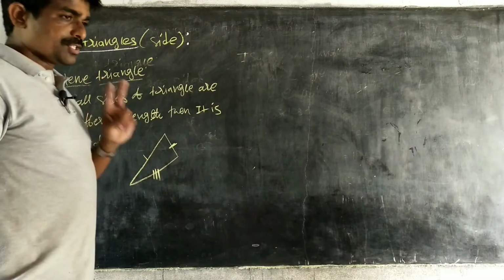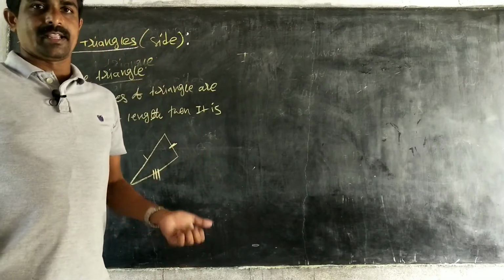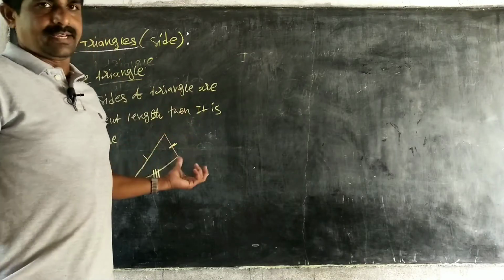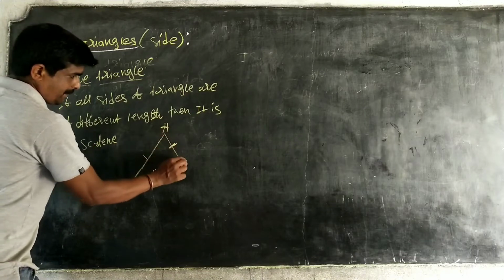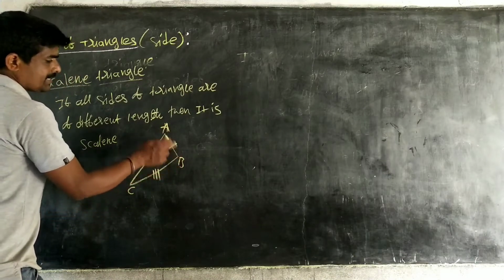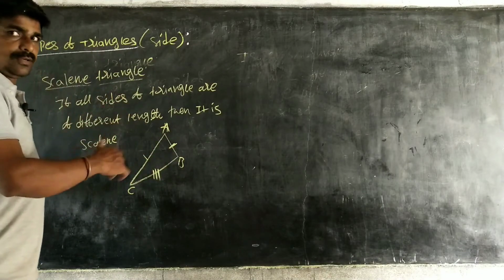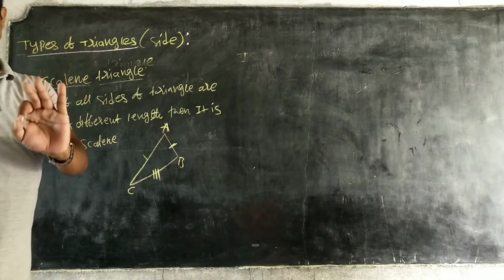The first one is three sides equal, then it is equilateral. If any two sides are equal, then it is isosceles. Here observe, this is one type of triangle, ABC. AB is not equal to BC, so no side is equal to any other side. Then it is called a scalene triangle.